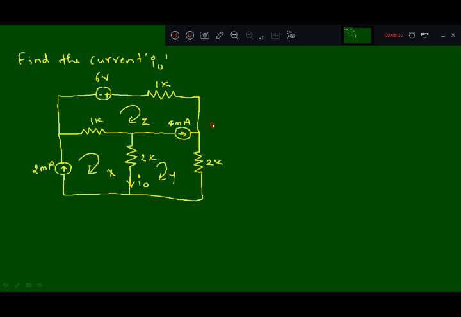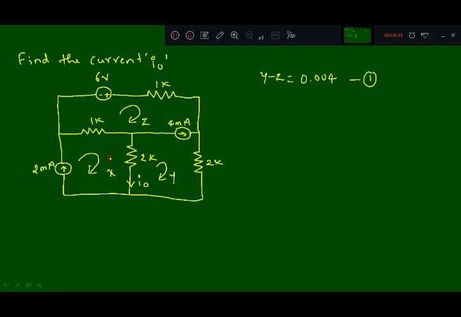Then we have one current source in between two loops, so this becomes the super mesh. So the constraint equation is y minus z is equal to 0.004. This is equation number 1.